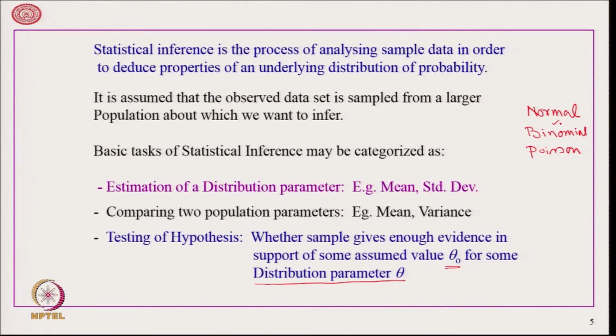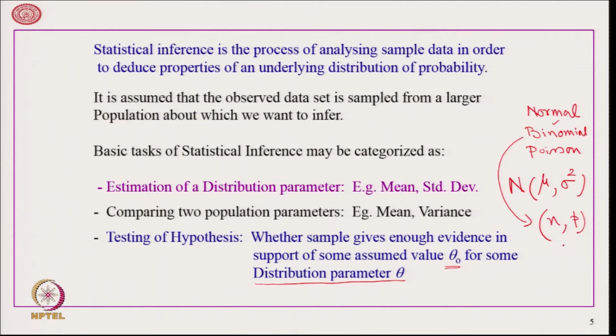For example, normal has two parameters, mu and sigma square. Binomial has two parameters, the number of trials and the probability of success.